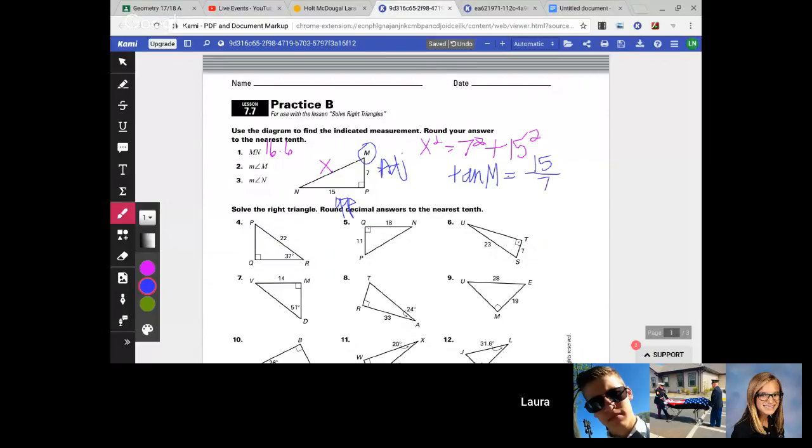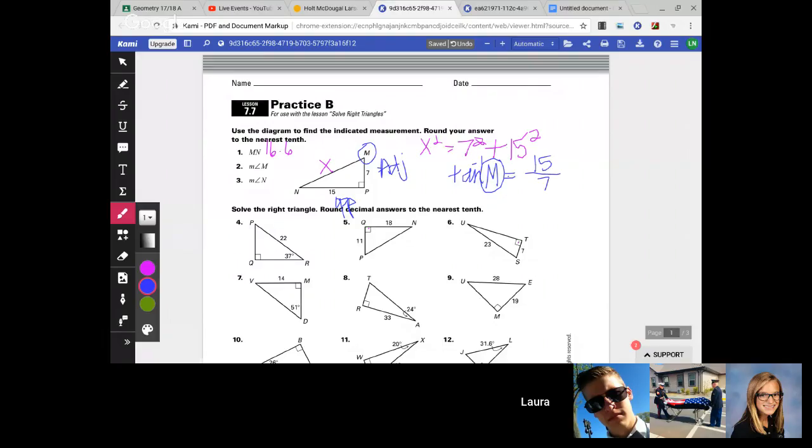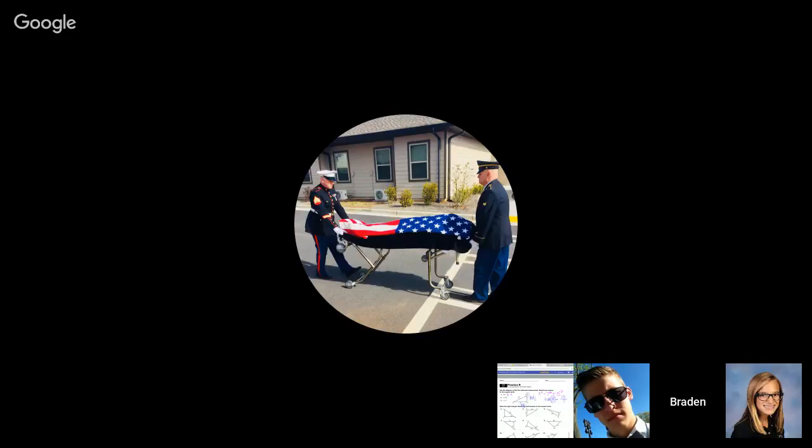And then in order to get M, that is when you're looking for an angle, you use the inverse function. So you go to the calculator, second tangent, 15/7. 65.1.